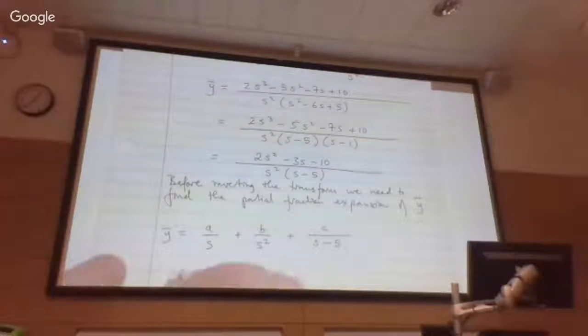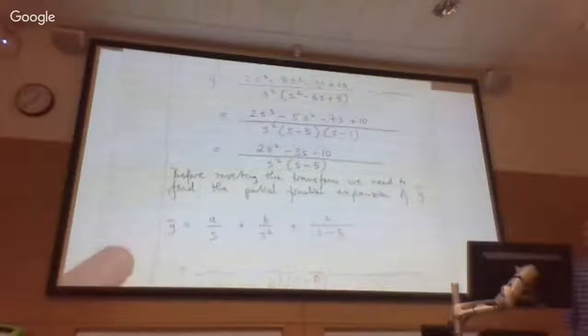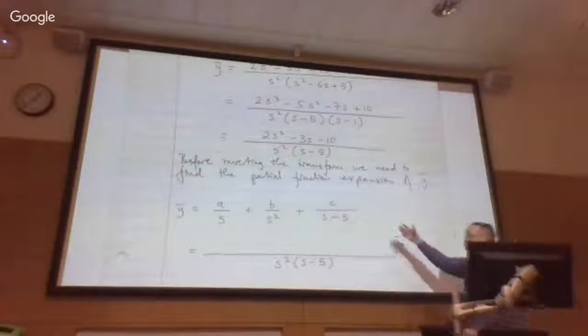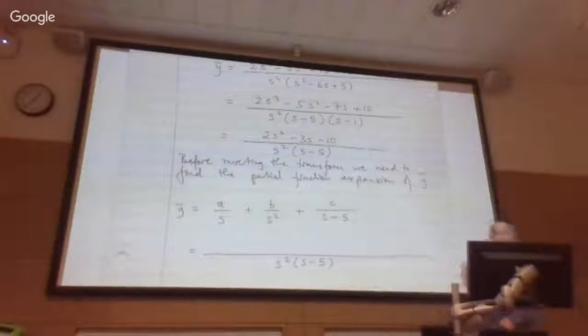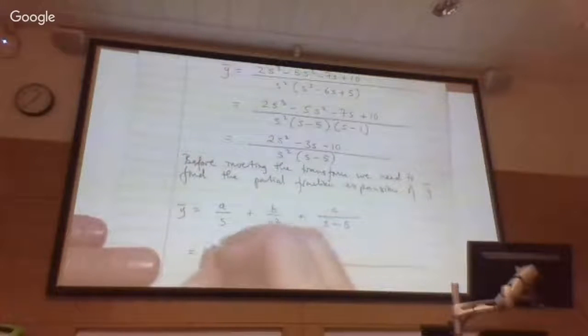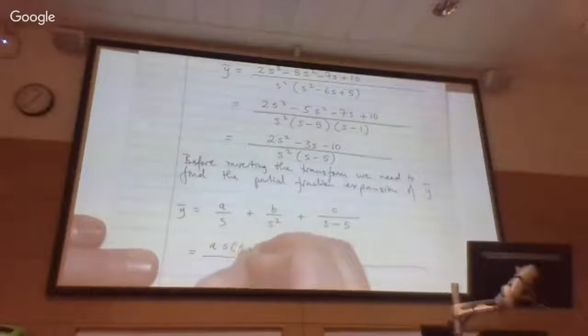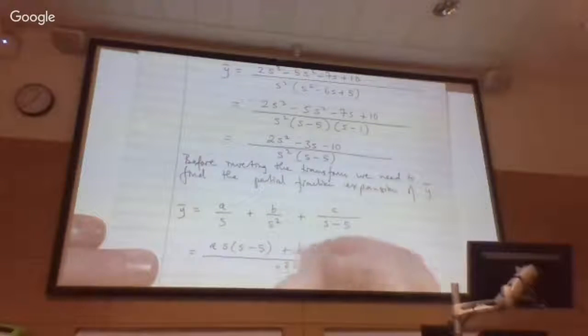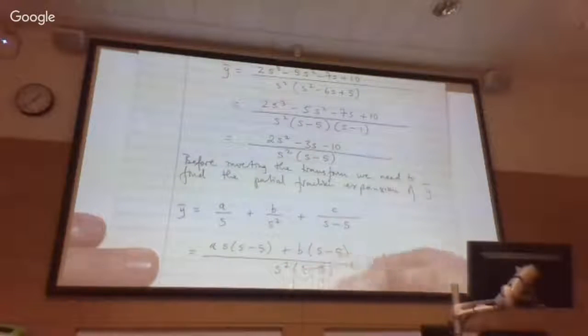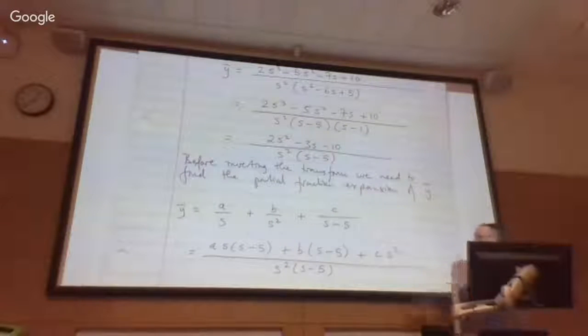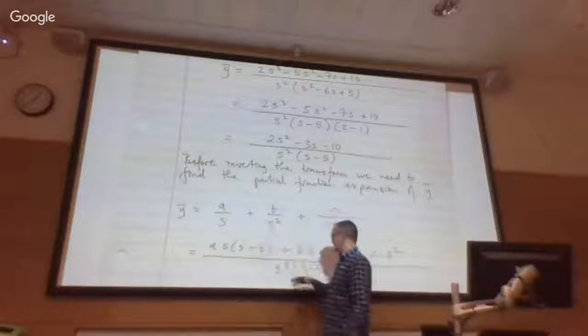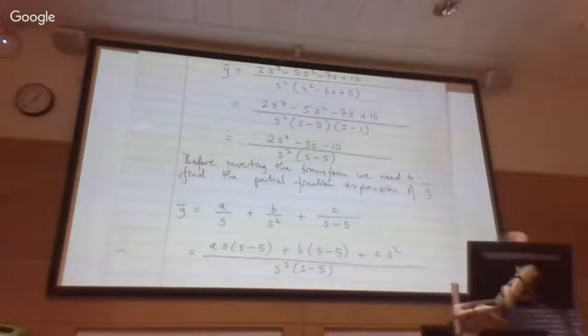Then the way I normally do it is to immediately collapse that again back to this form here, over s squared times s minus 5, but this time you're tracking how the A, B, and C come through. The A has to multiply s times s minus 5, B has to multiply s minus 5, and the C has to multiply s squared, in order to put those three fractions over the common denominator, s squared times s minus 5.